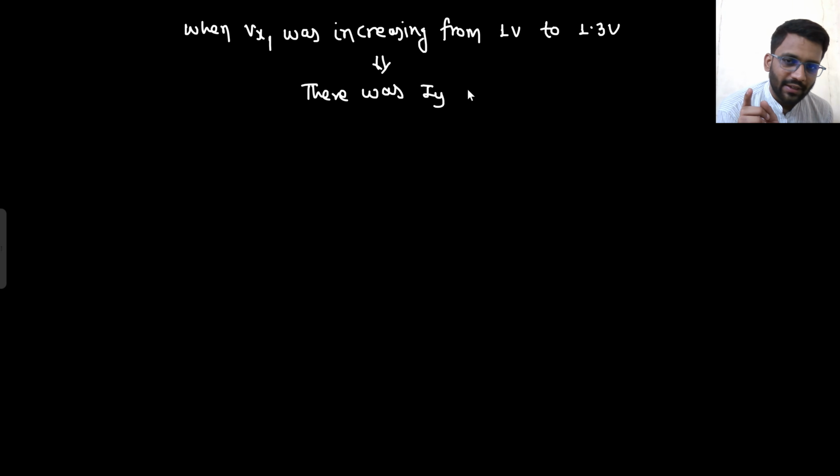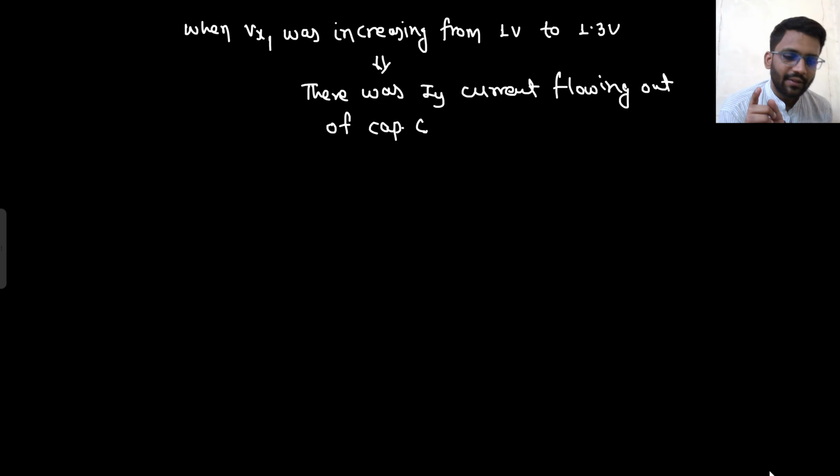So when Vx1 was increasing, because Vx1 was increasing, right, from 1 volt to 1.3 volt, there was Iy current flowing out of capacitor C, right?